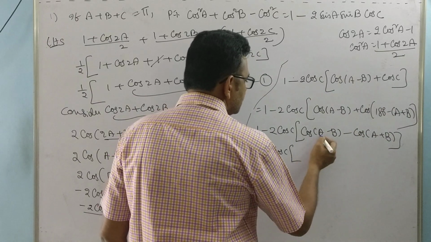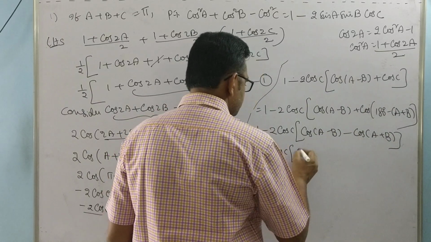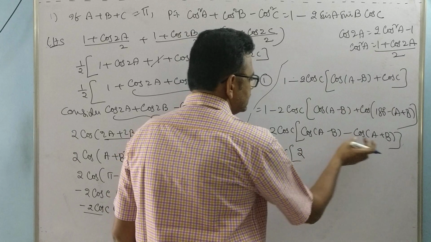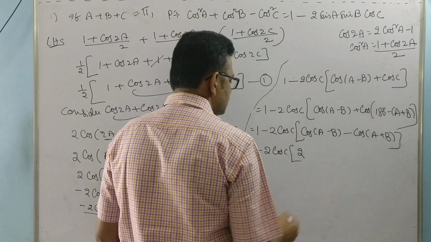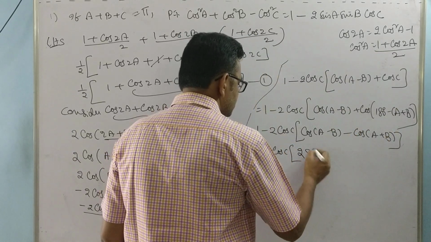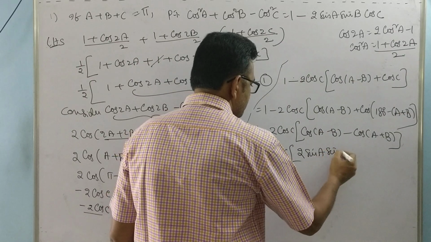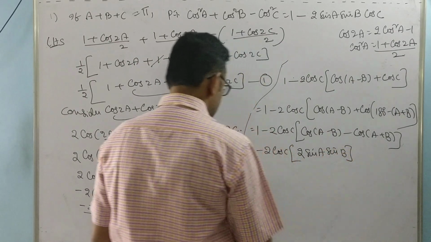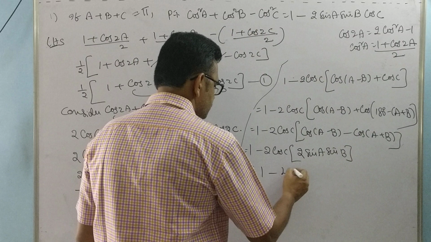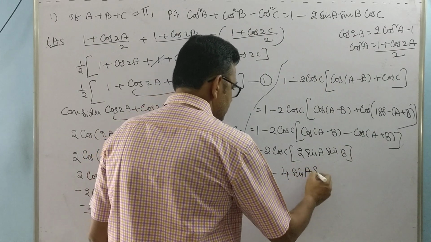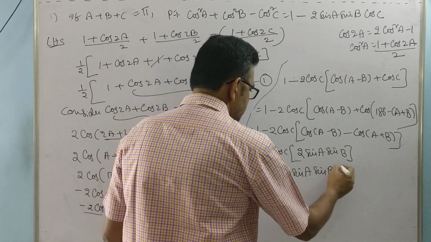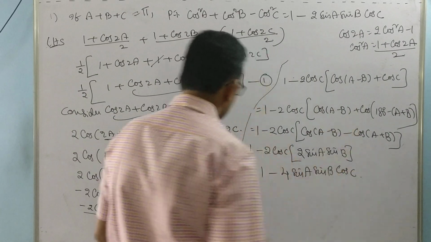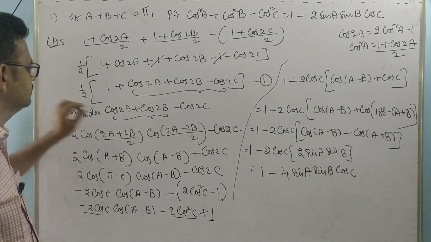Or you write the expansion for each, two terms get cancelled, and you get 2 sin A sin B. That is equal to 1 minus 4 sin A sin B into cos C. This is the value for this part.